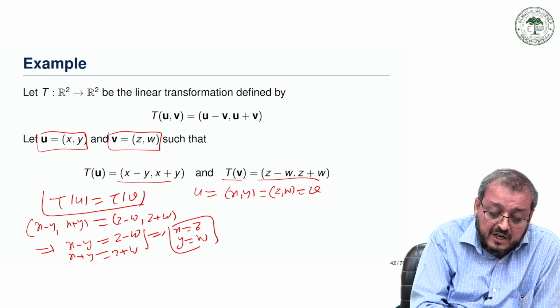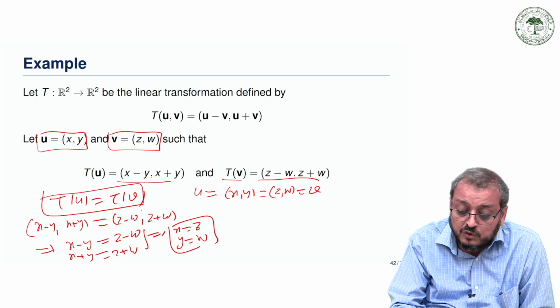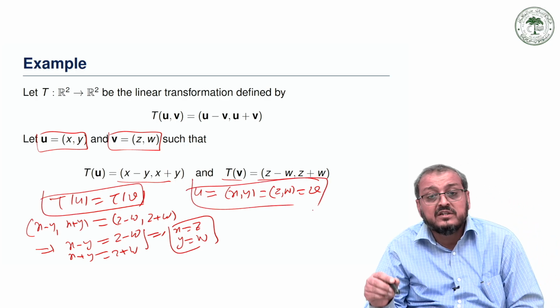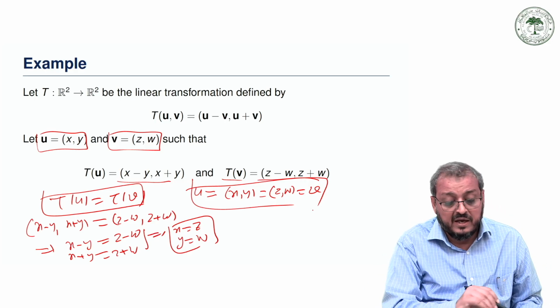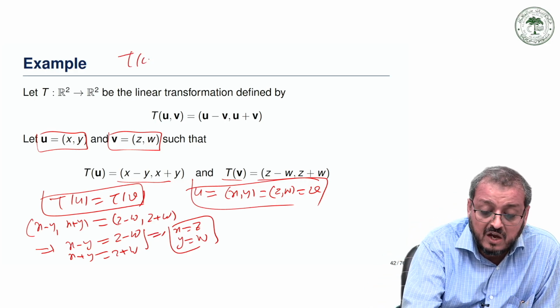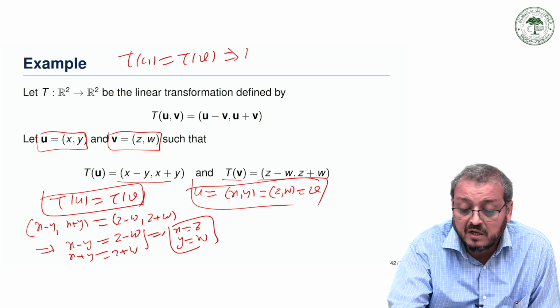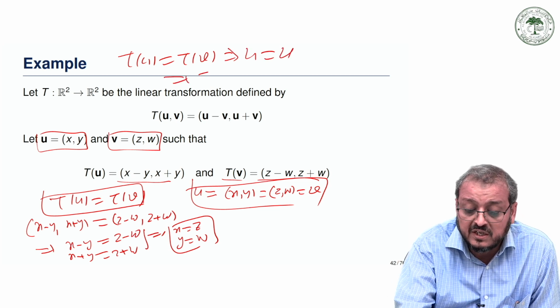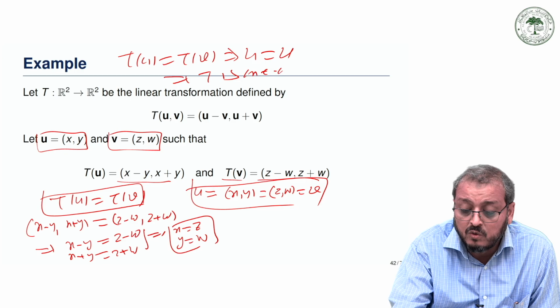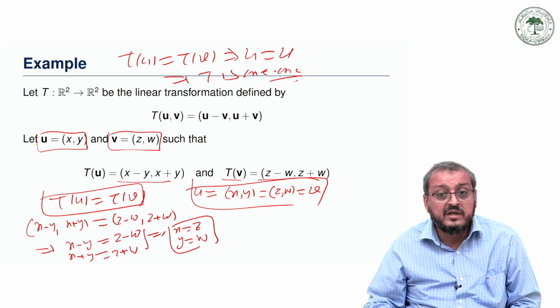So we assumed that if T(u) is equal to T(v), then u and v are the same. By the second test, T(u) equal to T(v) implies that u is equal to v, so T is a one-to-one linear transformation.